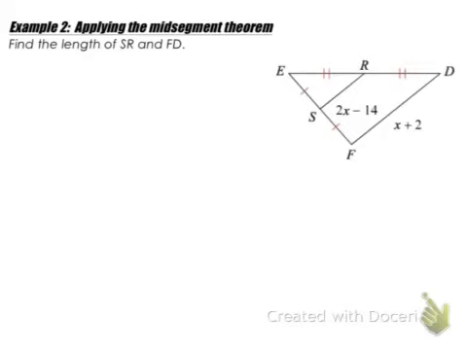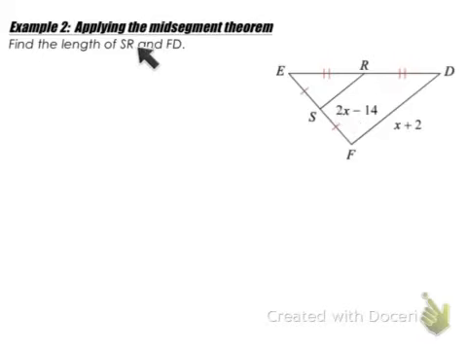In example 2, we're going to find the length of SR and FD, using the properties of midsegments. If we look at the diagram, we know that SR is inside of this triangle, and R is bisecting ED, and S is bisecting EF, which means SR is the midsegment.